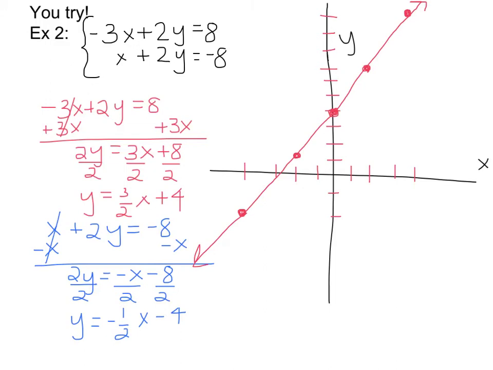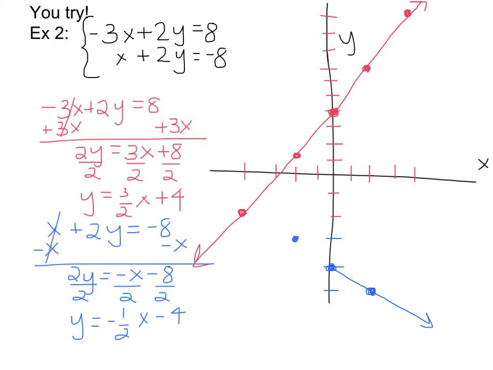Okay, so now I'm going to graph my second line, y equals -1/2 x minus 4, so I put a dot at -4. Since my slope is -1/2, I go down 1 and I go to the right 2. However, I hope you notice that if I keep making my points this way, it's not going to help me intersect with my pink line, so I'm going to go up 1 and go to the left 2. Okay, getting a little better.